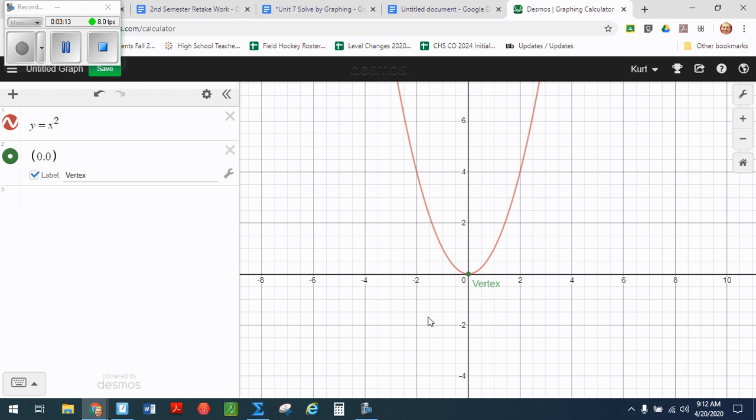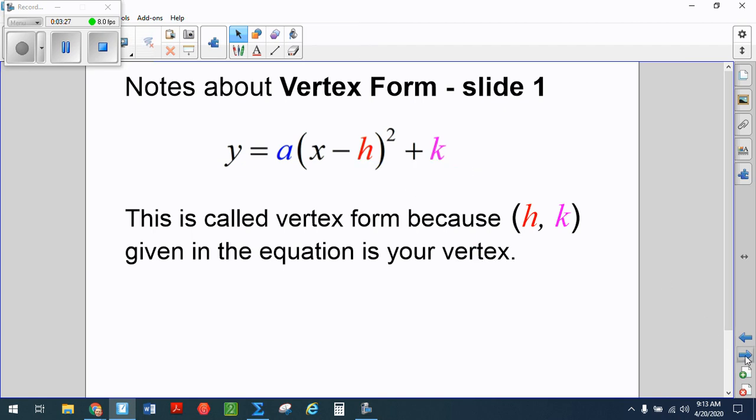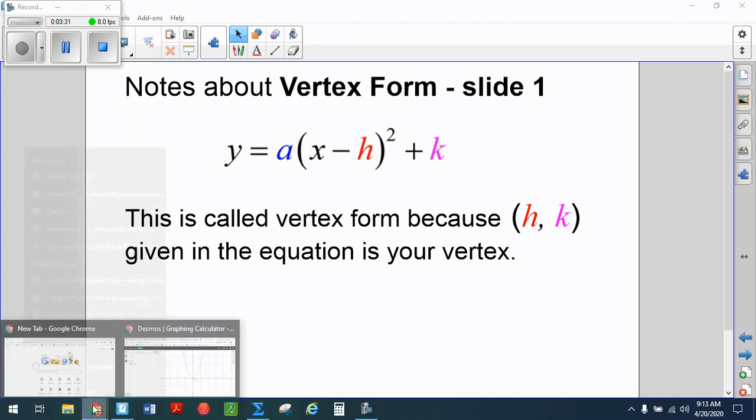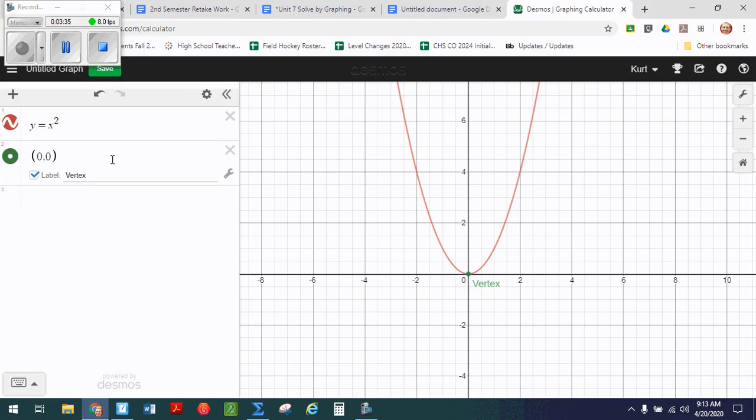Now, if I put a number in for A or a number in for H or a number in for K, that's going to change where my vertex is. So here's my graph. Right now my vertex is at 0, 0.